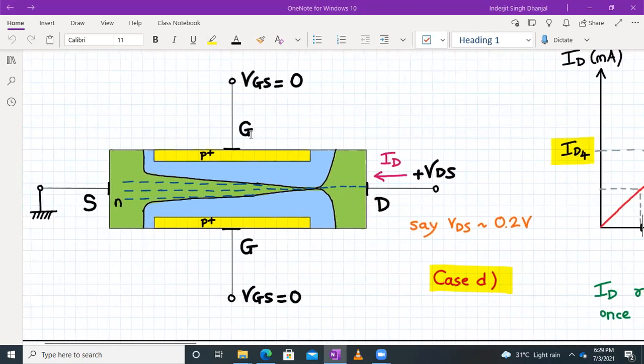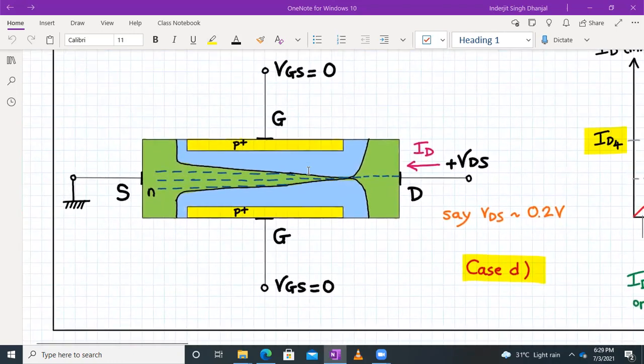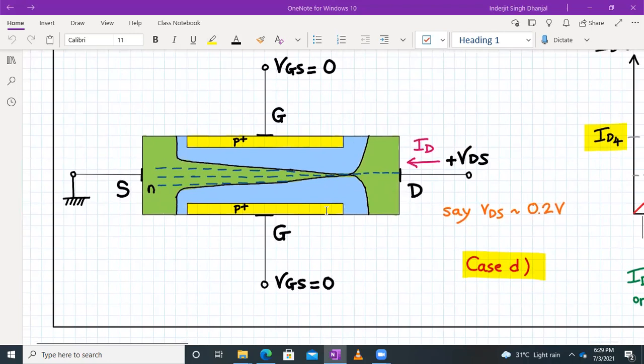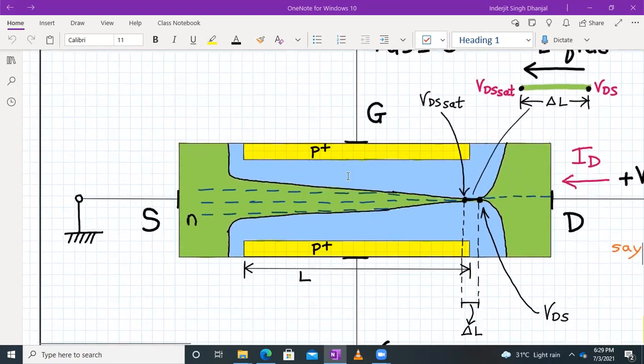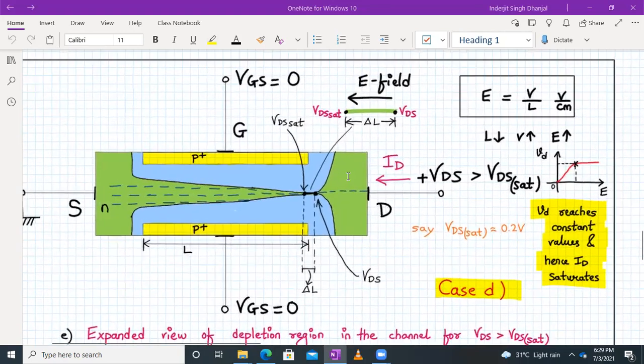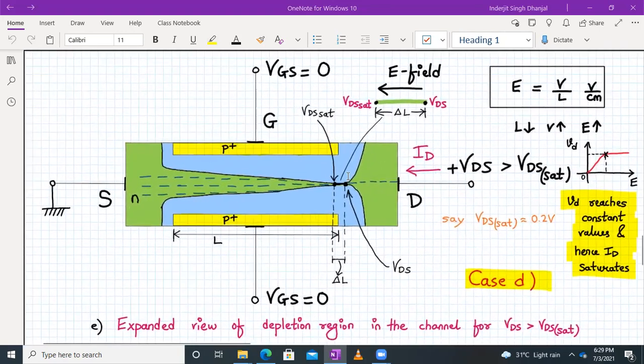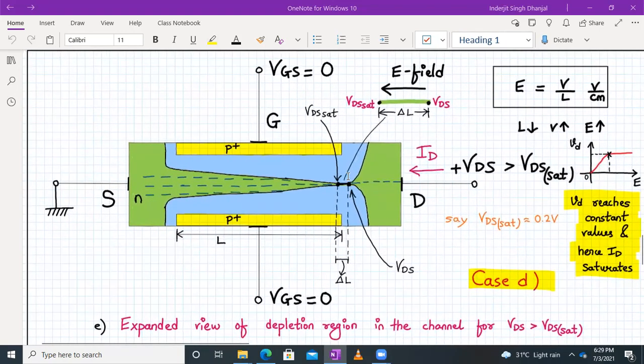So why really does this happen? Let us try to understand that. At first glance, we expect that the drain current should go to zero when the channel is pinched off at the drain terminal, but this does not happen. Let us understand why. So let us look into a detailed diagram of an N-channel MOSFET under the condition wherein the pinch off condition is reached at the drain terminal.